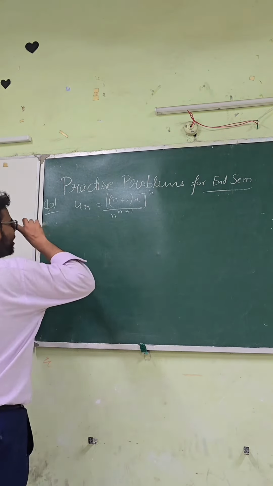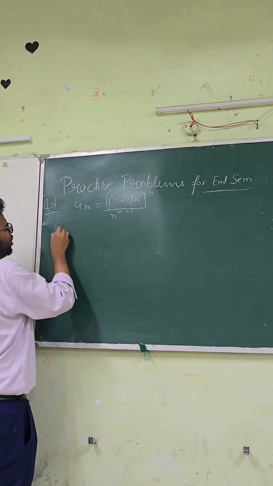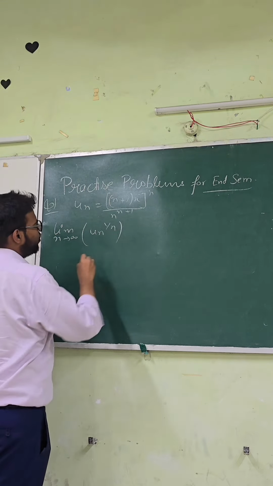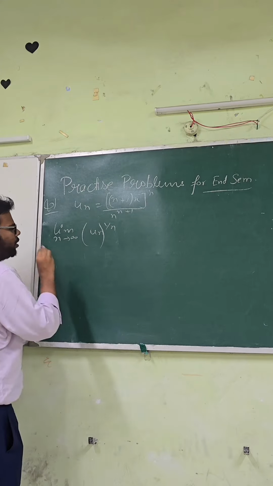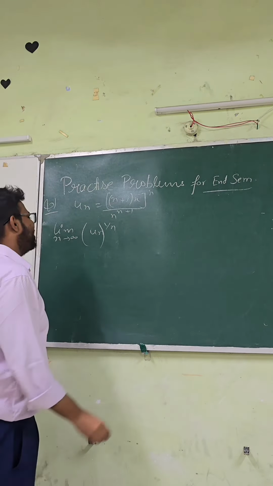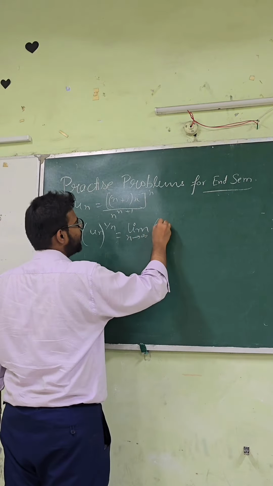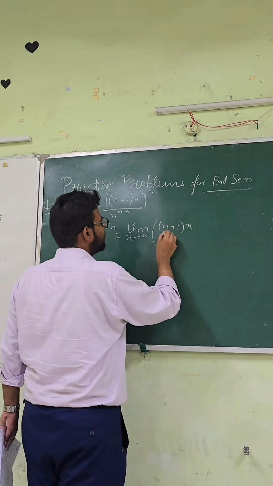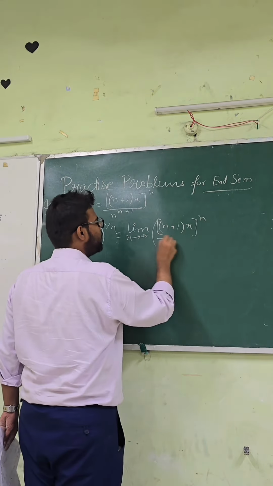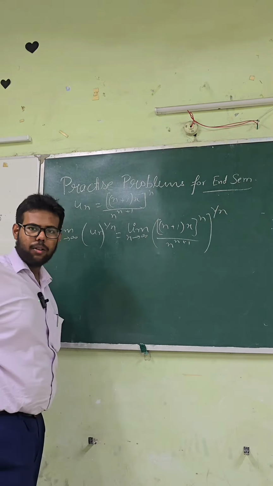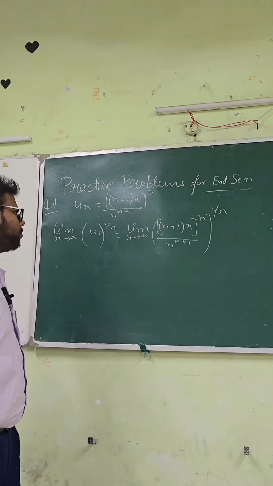We get the limit as n tends towards infinity of u_n to the power 1/n. I should write it like this: the limit as n tends towards infinity of (((n+1)x)^n / n^(n+1)) to the power 1/n, right? You get this thing, right?